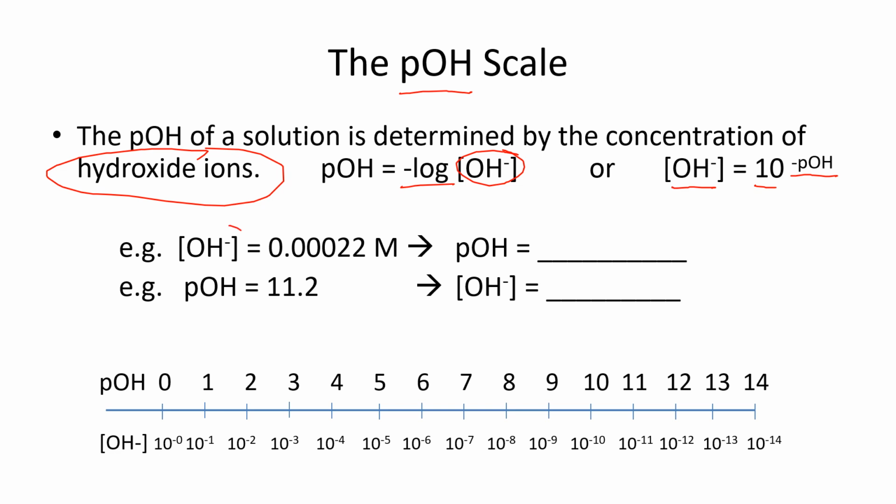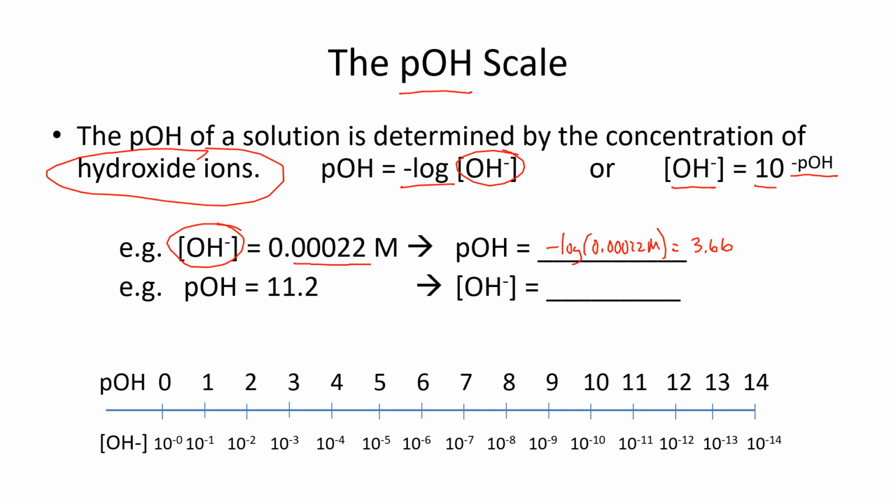So if you have a concentration of hydroxides, say from a base, and you've worked out the number of moles per liter, you punch that into your calculator, say negative log, and then put that value in, and you will end up with a value of 3.66. Of course, no units for that.